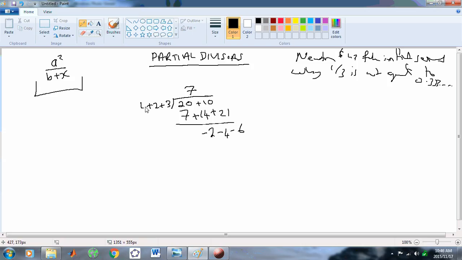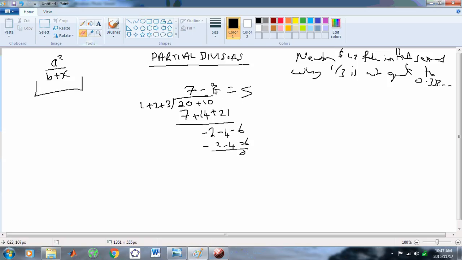Then we can choose any one of these divisors. If I choose 1 here, I can say 1 goes into minus 2 minus 2 times, and as you can see, then I'll get minus 2, minus 4, and minus 6, and we're done, and that's 5, right?